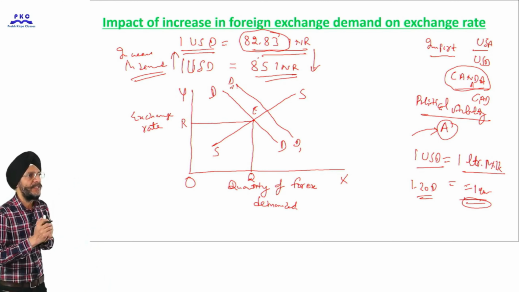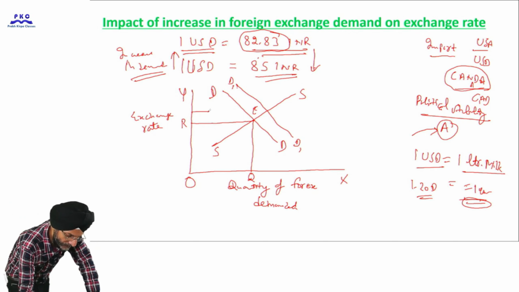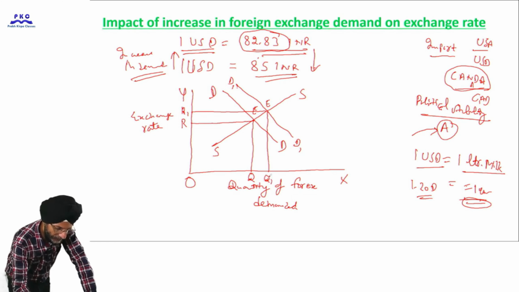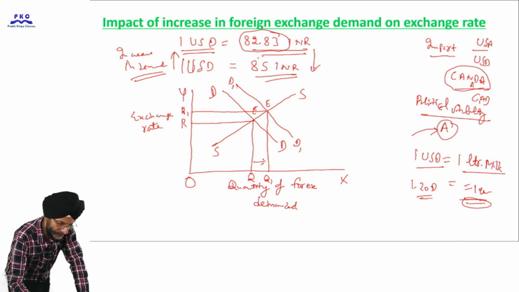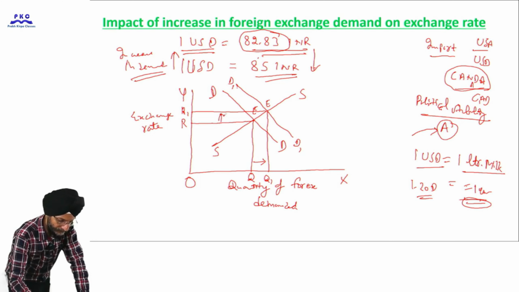The equilibrium point also shifts upward. The rate increases. This is the quantity demanded. So when quantity demanded has increased from OQ to OQ1, the exchange rate has increased from OR to OR1.